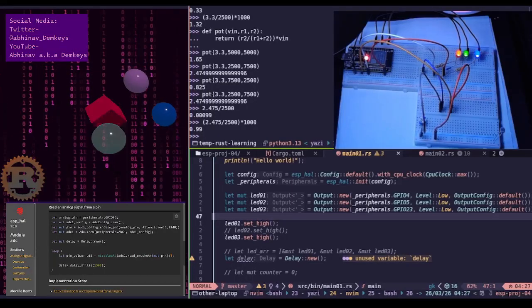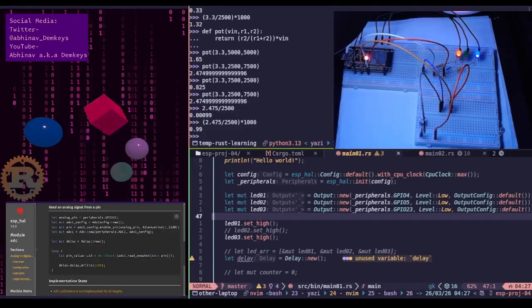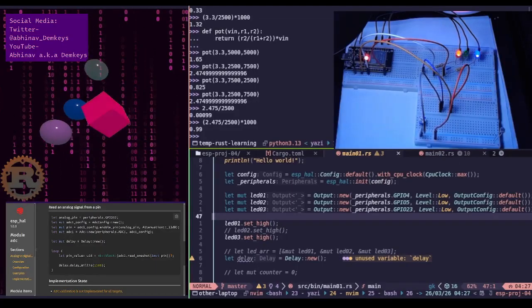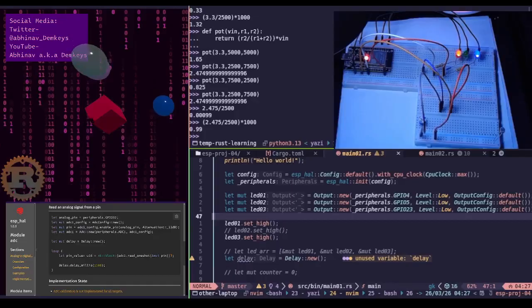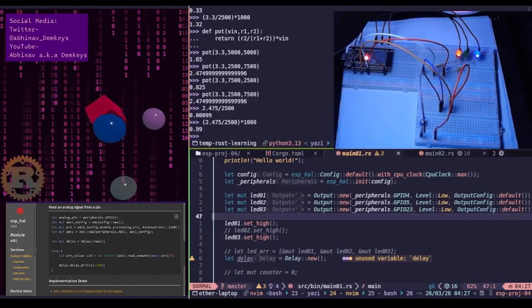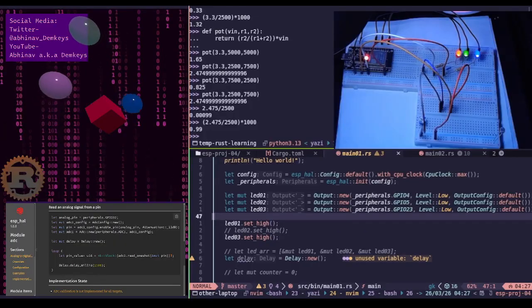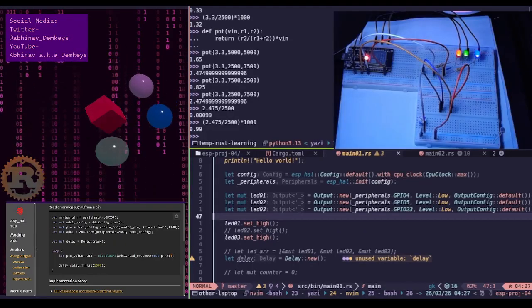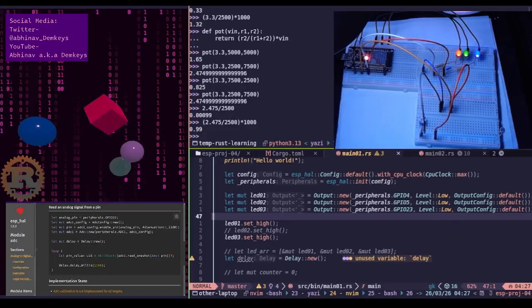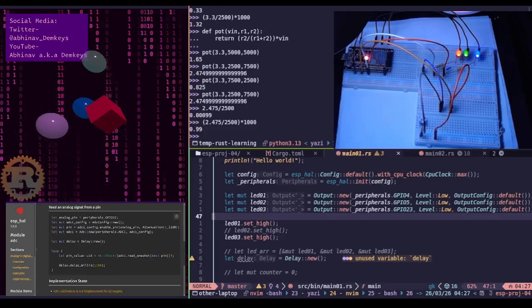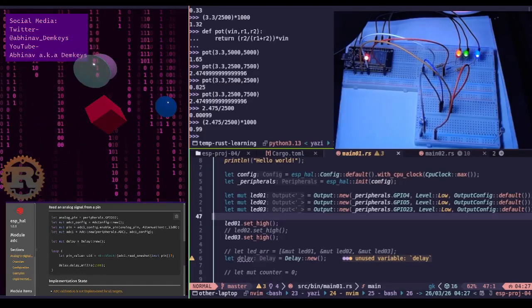Okay, so I'm doing ESP32 projects using no_std Rust.